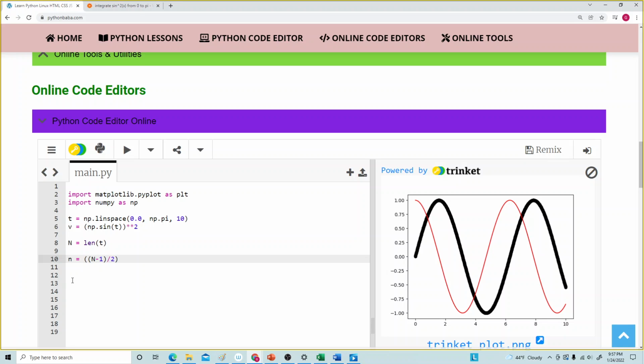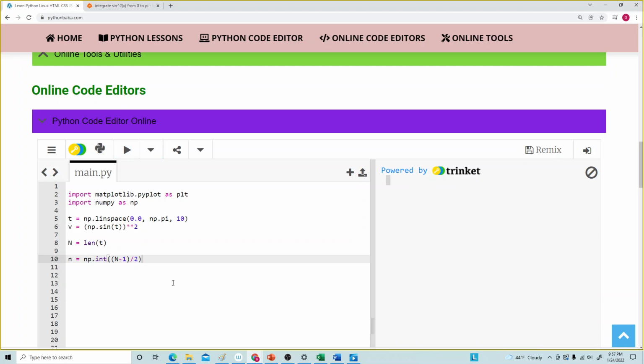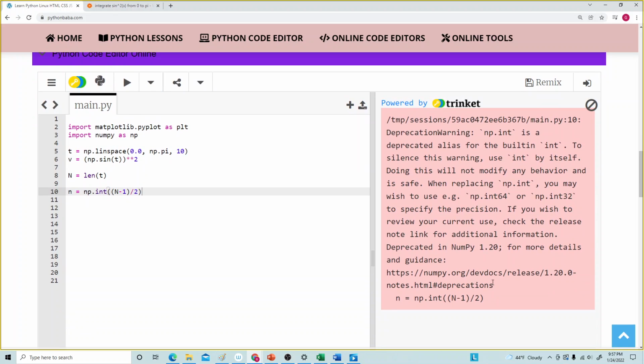And so I'm going to define this to be an int of (n minus 1) divided by 2, and that will make sure that this is an integer value.